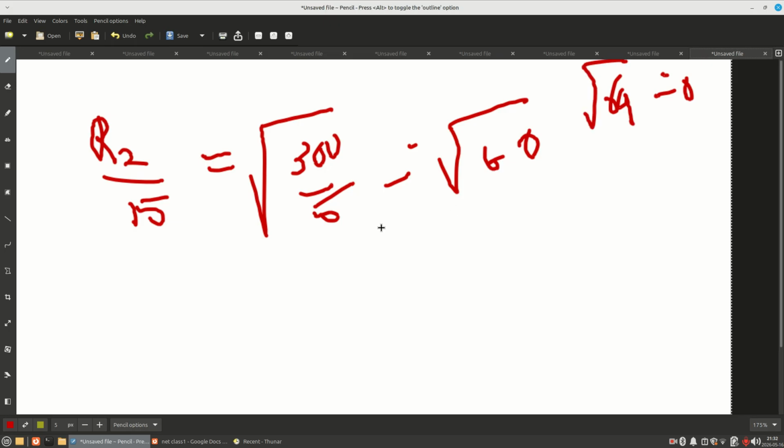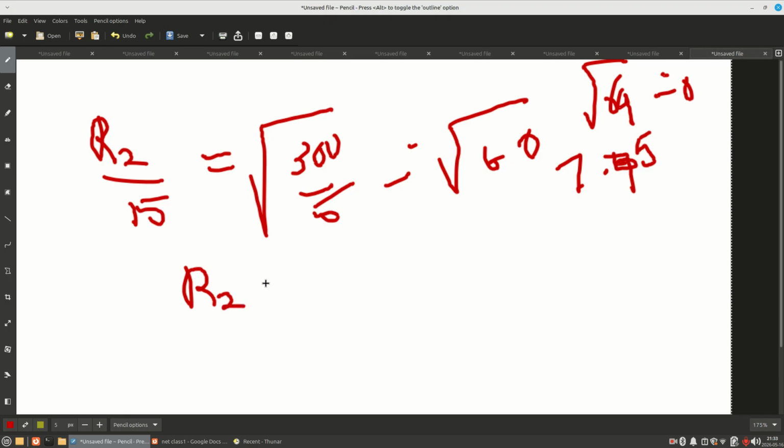So it comes around 7.75, which is nearby 8. We are getting a rough approximation.